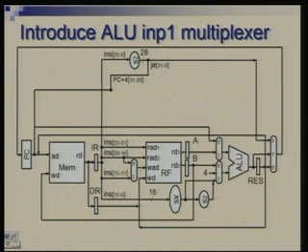Then this multiplexer which is feeding the second input of the ALU now has 4 inputs: the B register, the constant 4, and this offset which is used for load store instructions for calculating the address. It is the offset in the instruction with sign extension. For a branch instruction, we need to do sign extension followed by a shift. So, these are two separate values and there are a total of 4 possibilities.